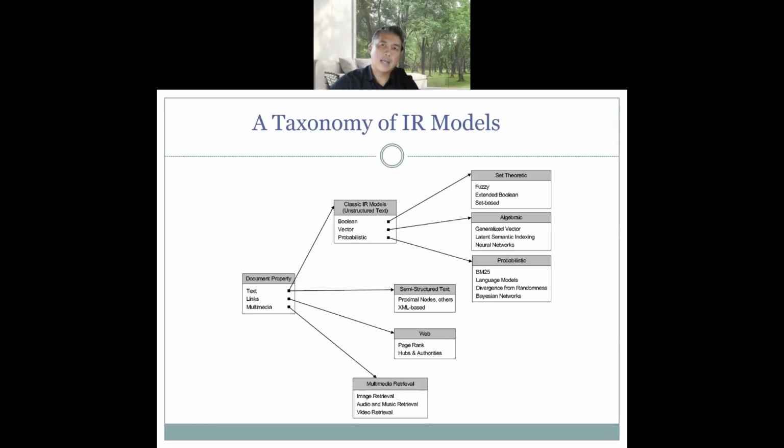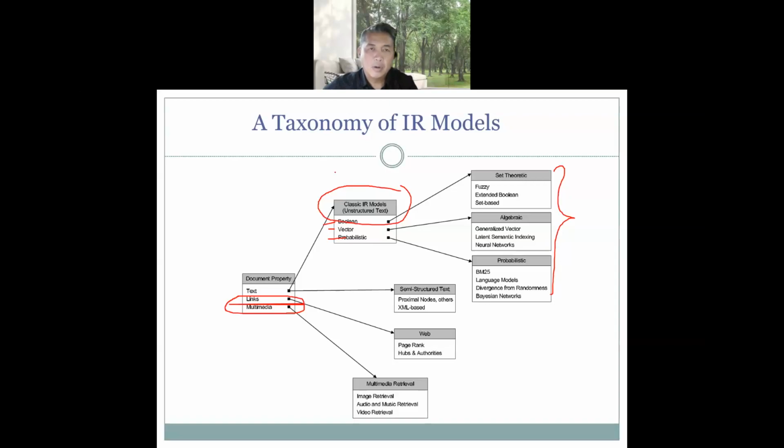This is the taxonomy of IR models. In this course, we are dealing with text documents only, so text documents only will bring us to here. Of course, there are other types of information like links and multimedia, but we are looking at text only. So we will look at the classic IR models: Boolean, vector, and probabilistic, and we will look into some of these.